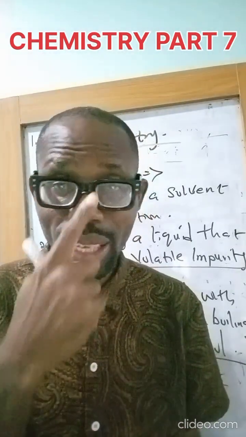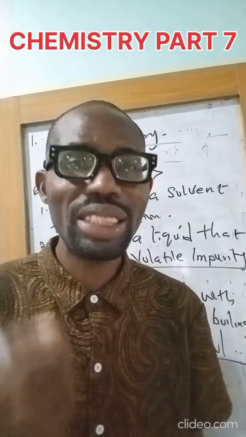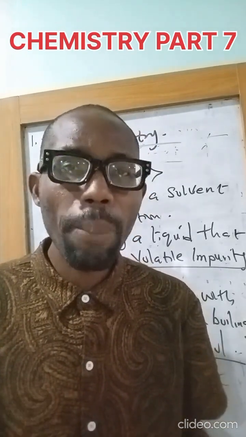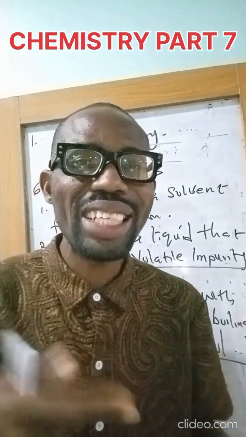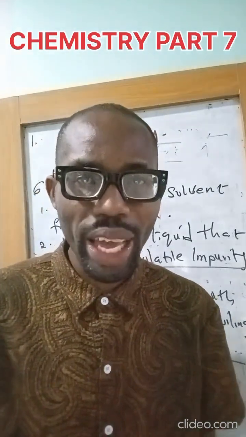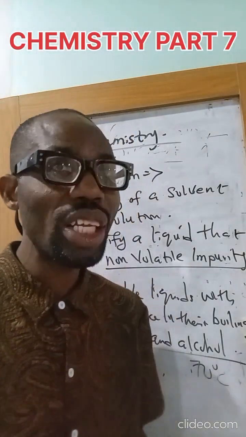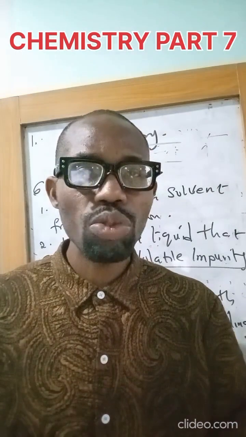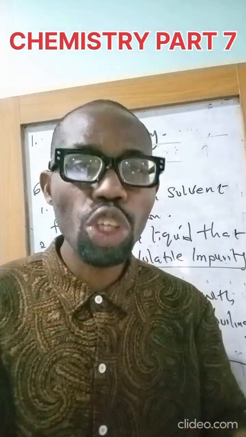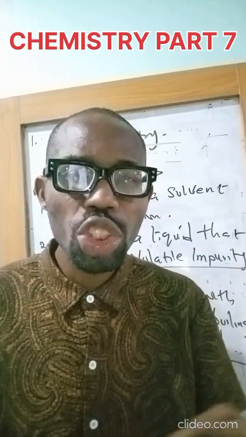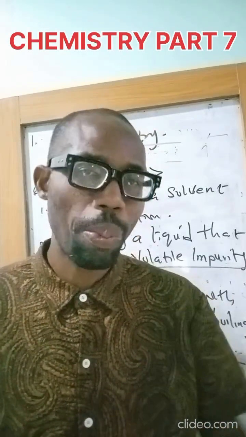Do you understand what I'm saying? For effective fractional distillation, the boiling point difference between these liquids must be greater than 10 degrees Celsius. Fractional distillation is very useful in the petroleum industry, where constituents of crude oil can be separated.